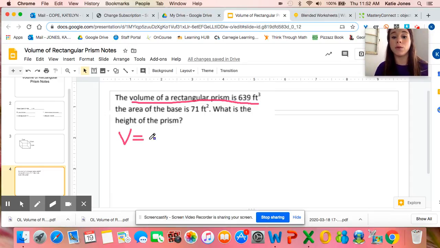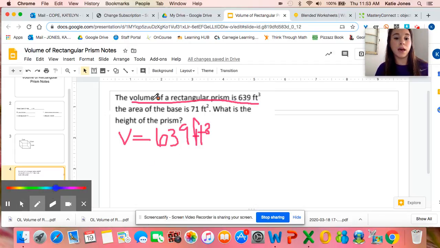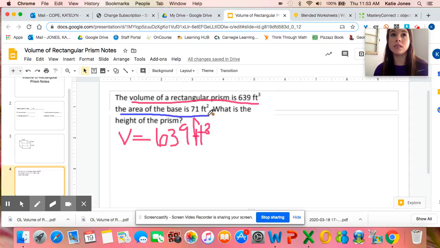So we already know the volume, so that's not what we're solving for. So we know that our volume is 369 feet cubed. So then they say that the area of the base is 71 feet squared. So they're not saying the base is, they're saying the area of the base.